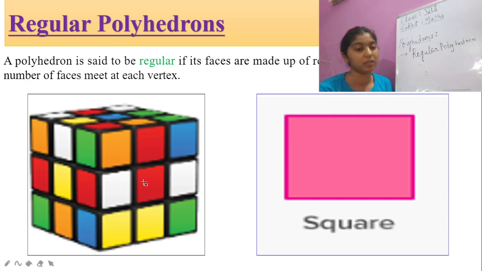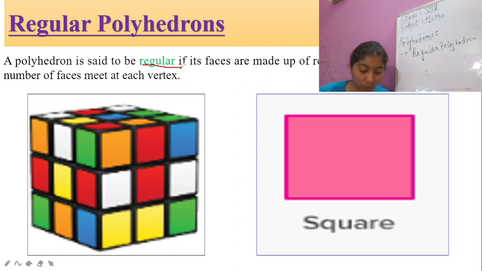So let's talk about it. A polyhedron is said to be regular if its faces are made up of regular polygons, and the same number of faces meet at each vertex. So students, you will say that each vertex, right, it has regular faces.